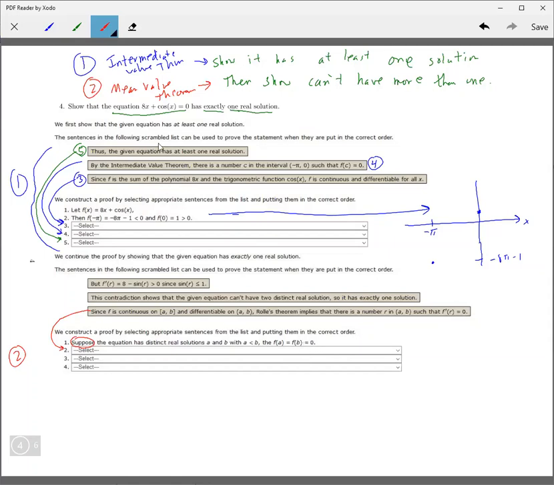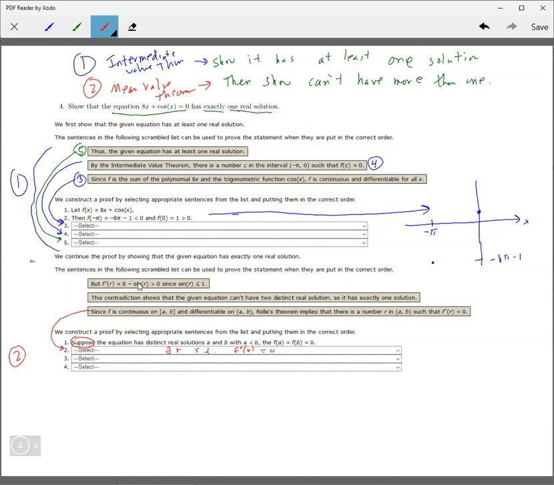If your 2 values are solutions to that, that means that f of a is equal to f of b. So Rolle's theorem says that there must be a point where the derivative is 0. So there exists an r such that f prime of r equals 0.